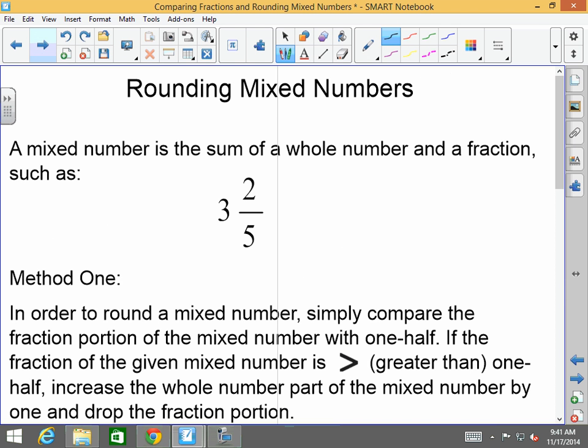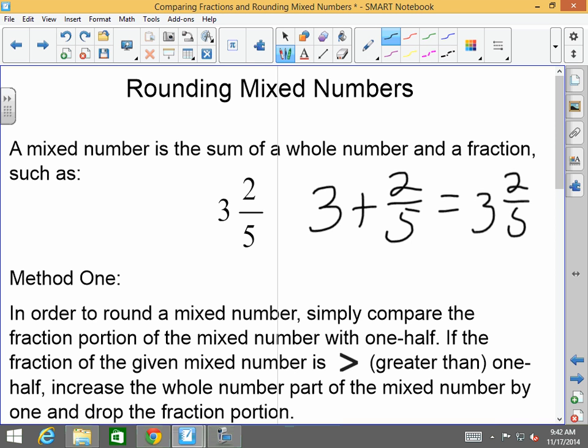Okay. Now, rounding mixed numbers. A mixed number, first of all, my brothers, is the sum of a whole number and a fraction, such as 3 and 2/5. What this literally means is 3 wholes added to 2 out of 5 pieces, which gives me 3 and 2/5.